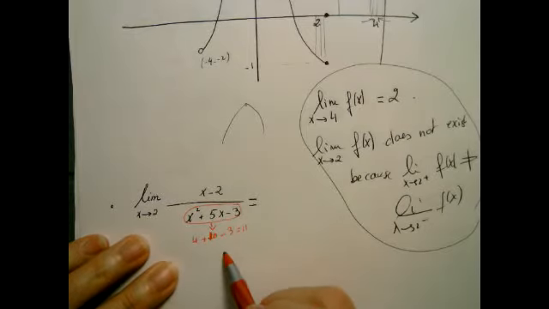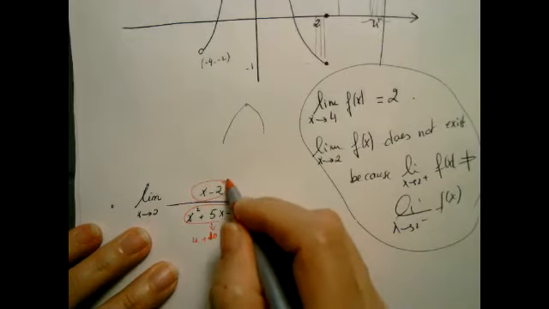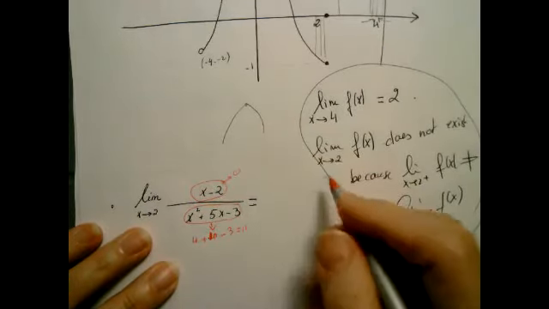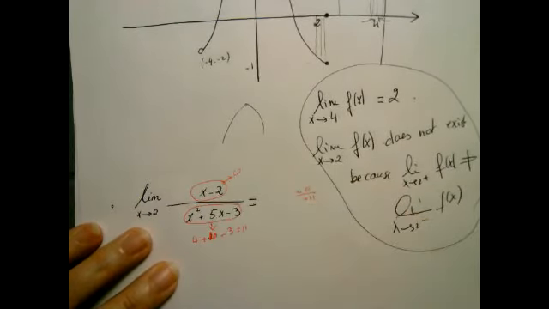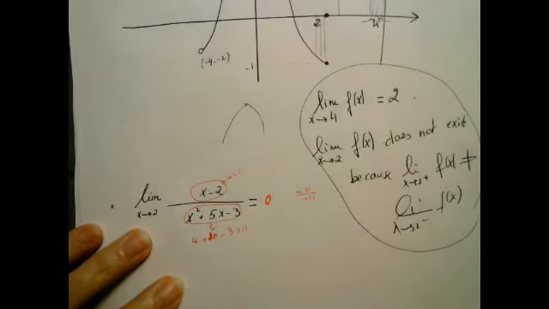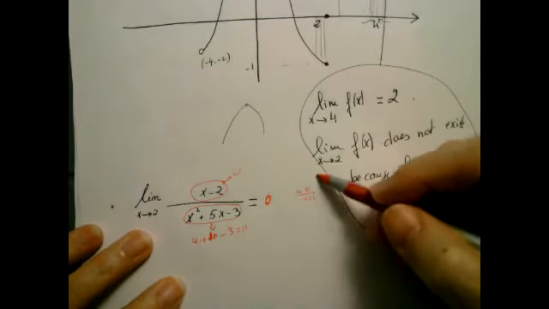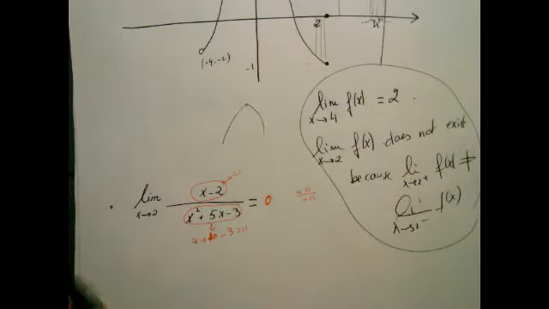So the denominator takes values close to 11. Now the numerator is taking values close to 0. So I have numbers close to 0 over numbers close to 11. But this is really 0, pure and simple. It's not undefined, it's not indeterminate. It's 0 over something which is not 0. So for 11, that's really a 0. All right?